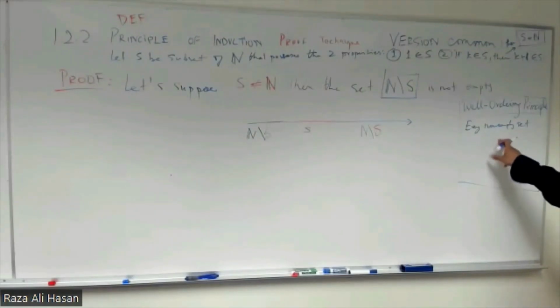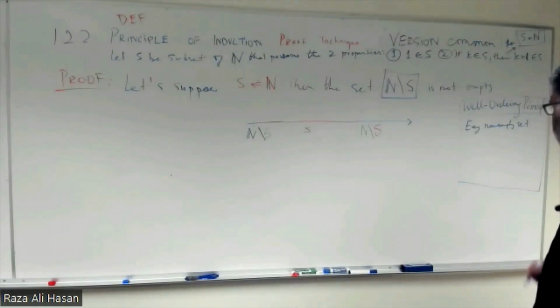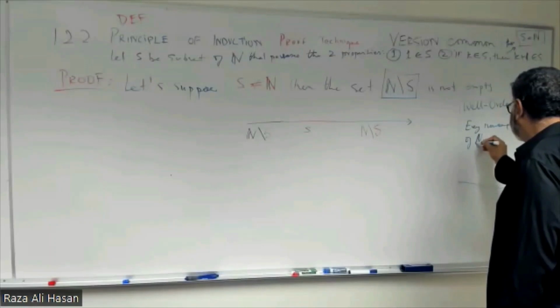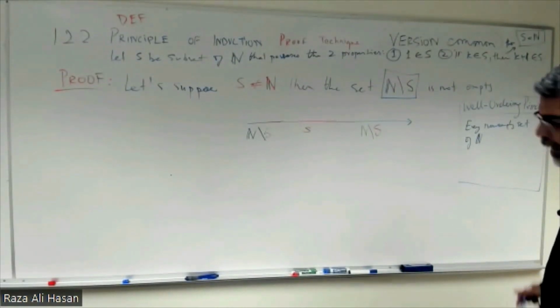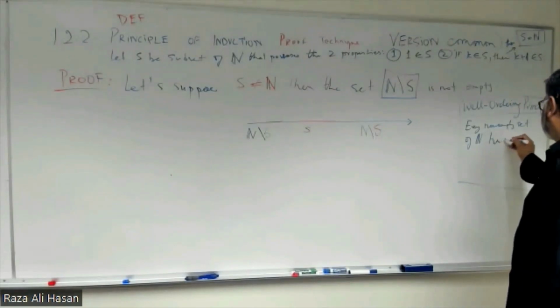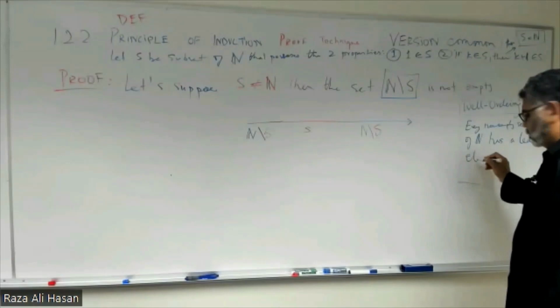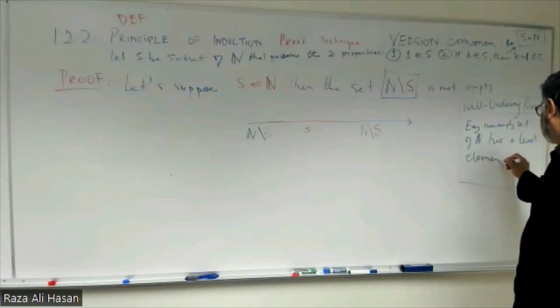It comes from this idea that every non-empty subset of N has a least element. In this case, being one.